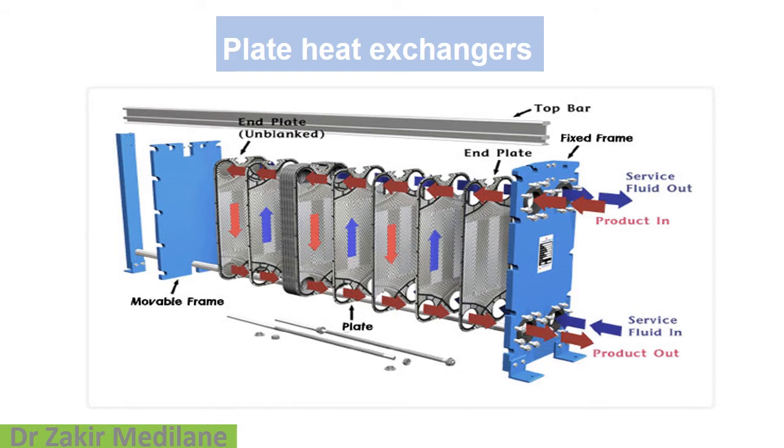You might have observed that these two frames are fixed, and in between the frames the plates are arranged. The starting plate is blanked, and the end plate here is open. We can see the fixed frame, and here is the movable frame. To adjust the plates, the movable frame is arranged, whereas the top bar is standard and fixed; it is not movable.